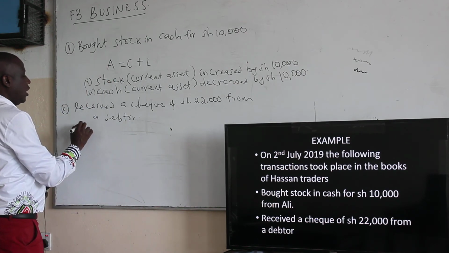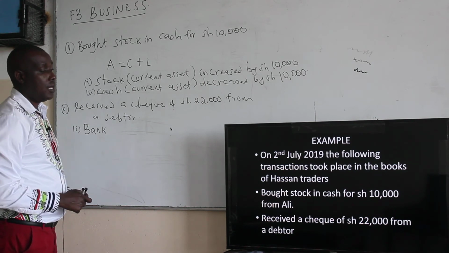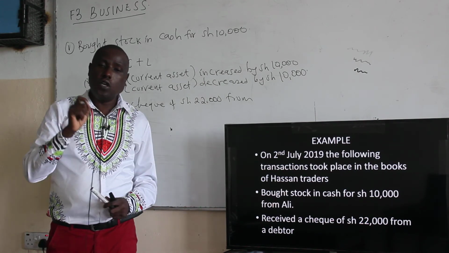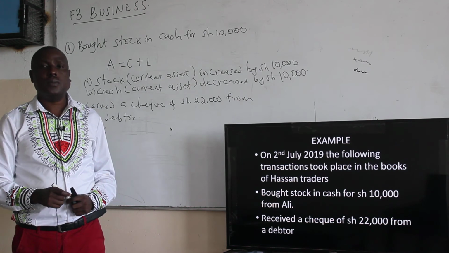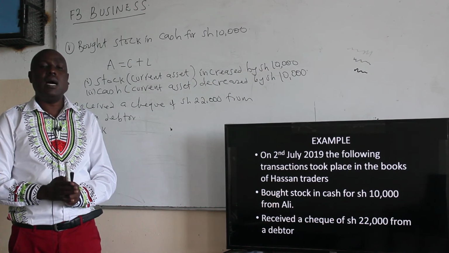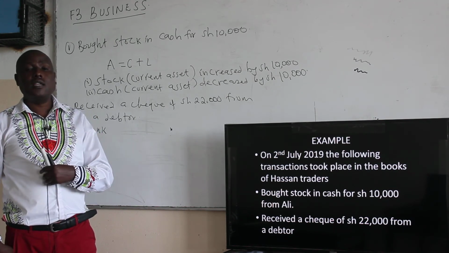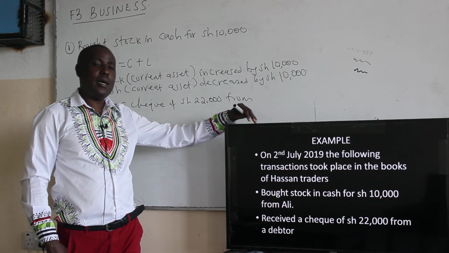Now, when you pay or you receive a check, that money goes to the bank account. We don't have an account called check, but we have a bank account. So if you receive a check, the money does not come directly to you, but it goes to your bank account.